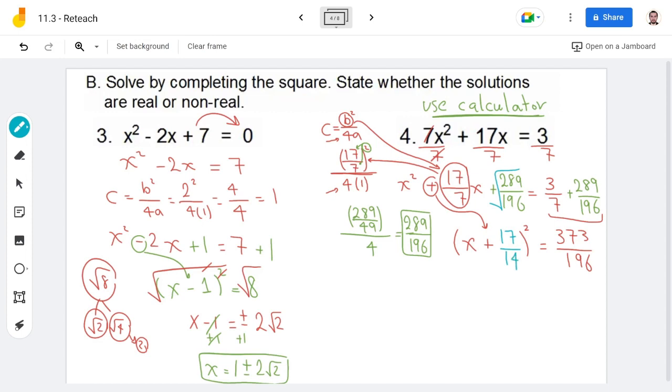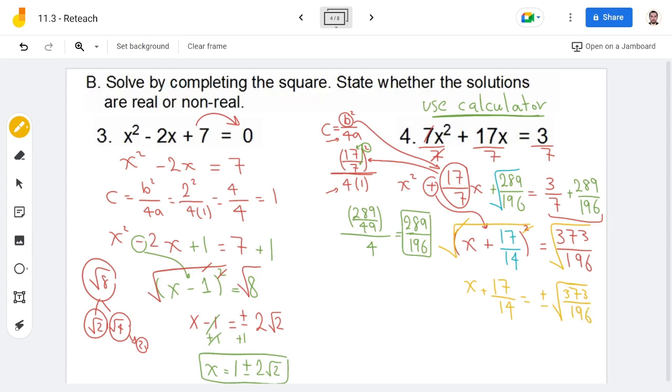Now, let's use the square root for both sides to simplify this. We use the square root for both sides, so we cancel the square root on this side. So x plus 17 over 14 is equal to positive or negative the square root of 373 over 196.